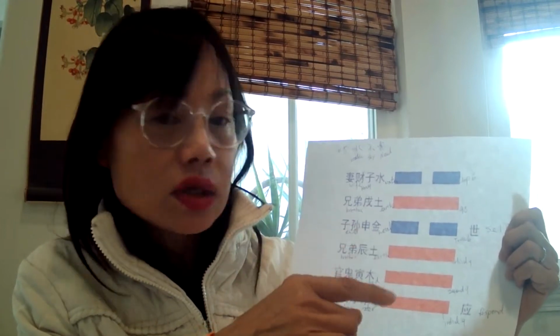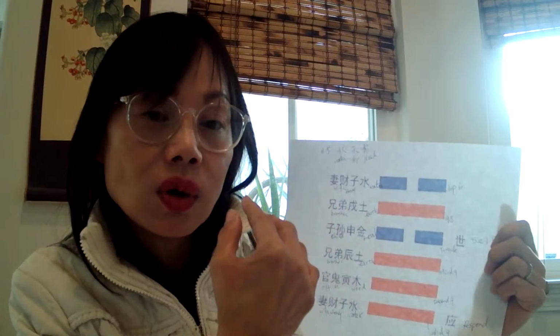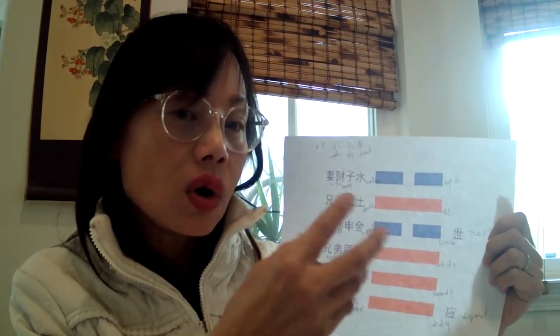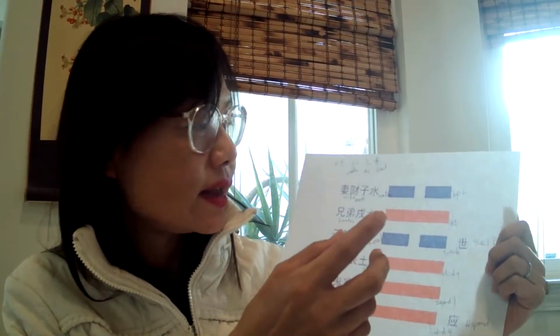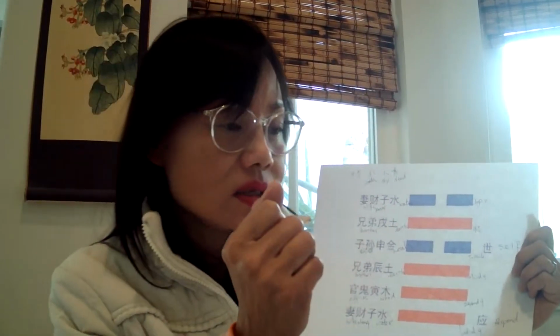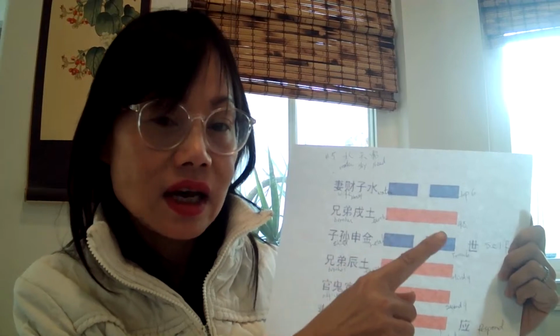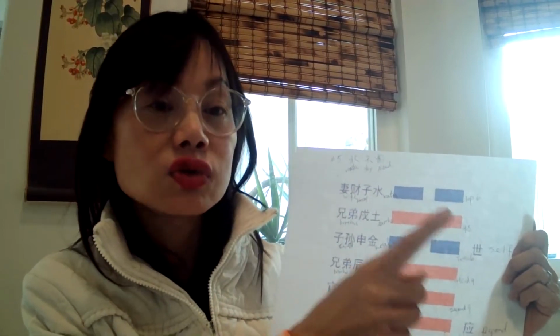With 游魂, that means go away soul. With the go away soul hexagram, the self will always be in number 4, and the particular yao that responds, you count 2.